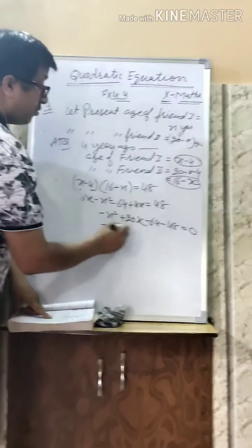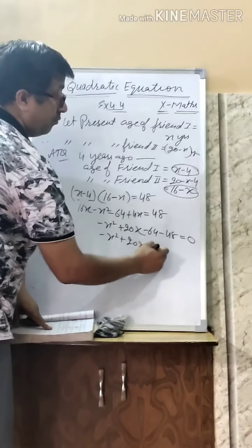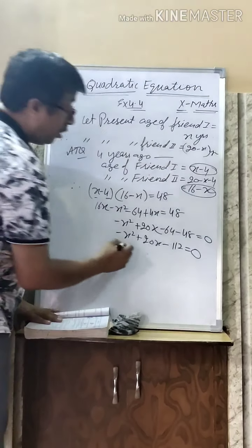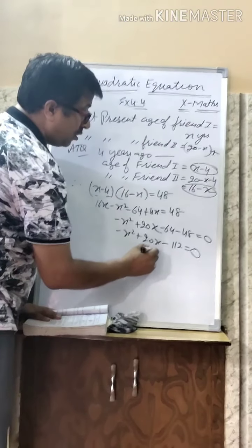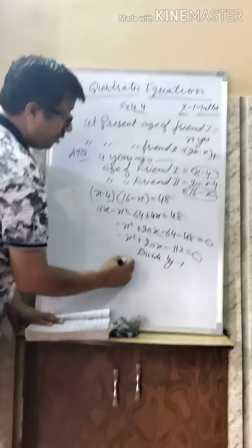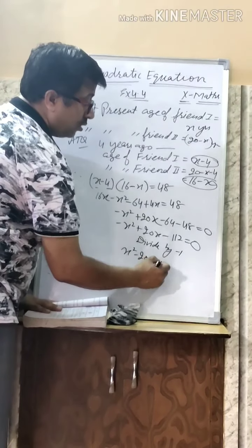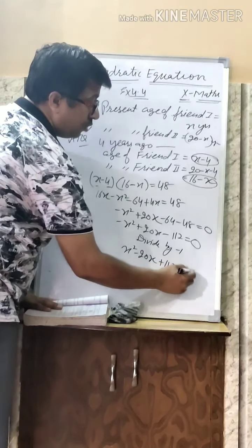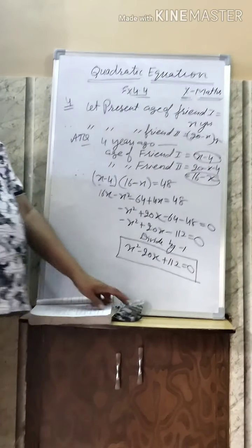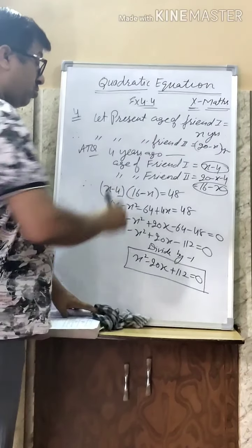So minus x square plus 20x minus 112 equal to 0. Now it is minus x square, so divide both sides by minus 1. So x square minus 20x plus 112 is equal to 0. My dear students, this is the quadratic equation we have got from this situation.